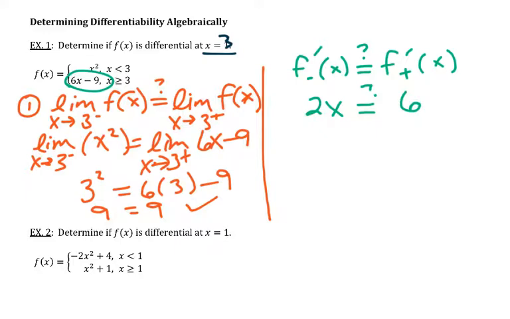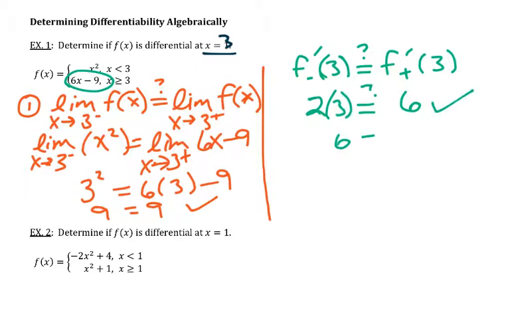Okay, well, now we want to be more specific. We need to think about the derivative specifically at 3. So let me actually pull this out here and plug in a 3. Instead of an x, make that a 3.